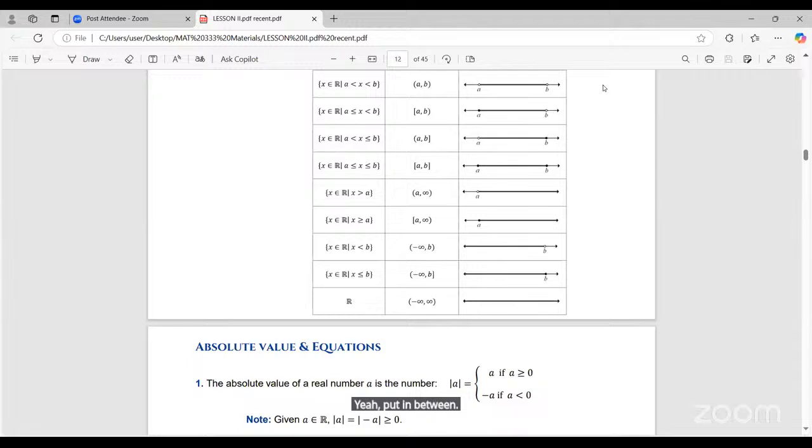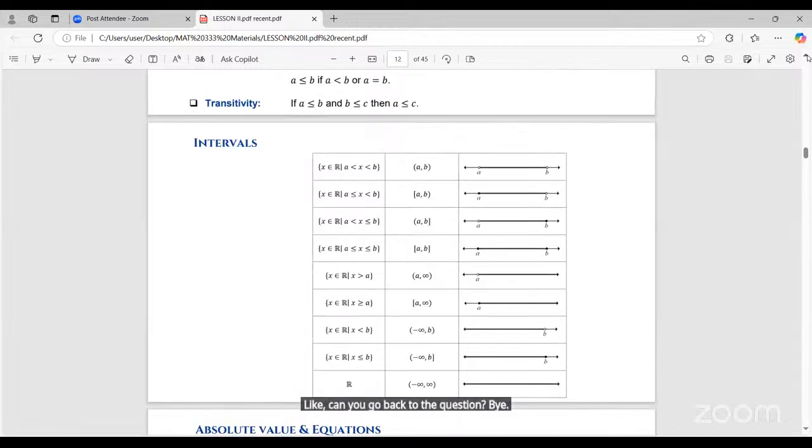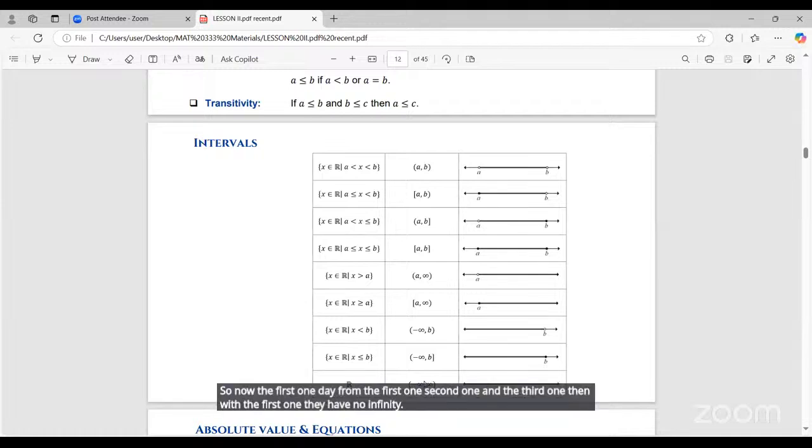Which of the ones are you asking? Can you go back to the question? From the first one, second one, and third one there, the first one has no infinity because you mentioned strictly.